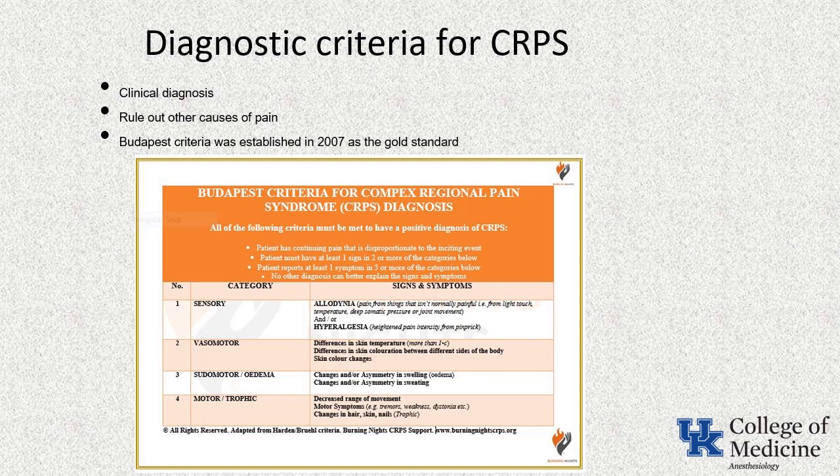According to the Budapest criteria, the patient must have continuing pain that is disproportionate to the inciting event. There must be no other cause. The patient must have one sign in 2 or more of the categories below, and one symptom in 3 or more of the categories below.